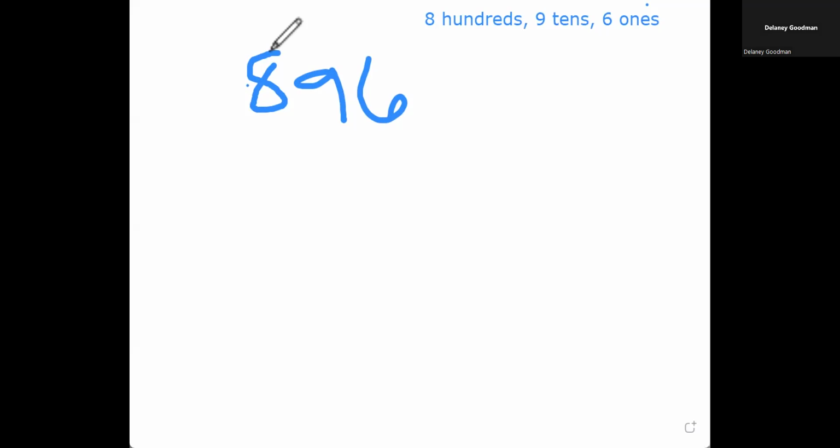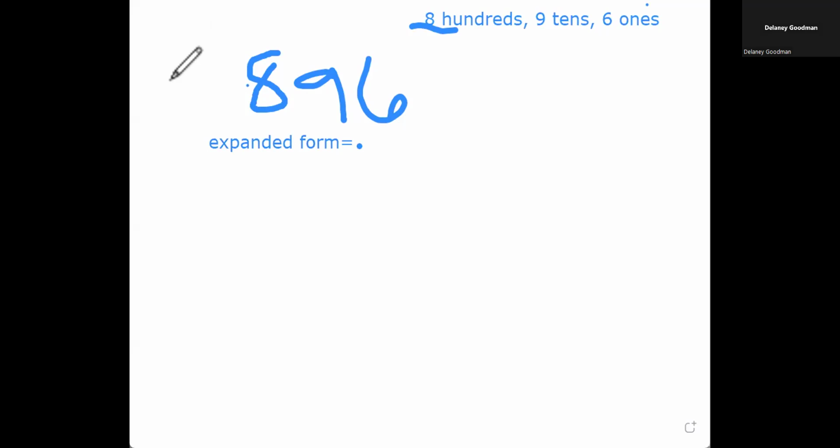We can write this number using expanded form. Expanded form is when you take each place value and represent the value of the number in that position. So we have our hundreds place. How many hundreds do we have? Well, as you can see here, we have 8 hundreds.